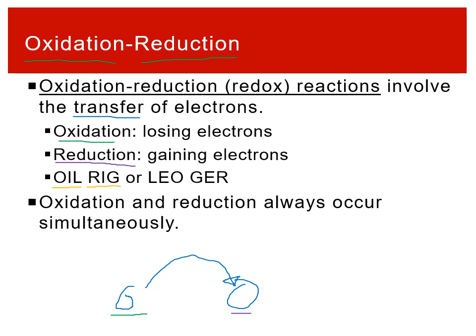You grow up in Texas, that tends to be the one you learn. You may have also heard a different one like LEO the lion says GER, sorry. So LEO GER stands for loss of electrons in oxidation, gain electrons in reduction. If you're an animal fan, LEO GER, like the lion is growling, I think. I don't really use that one, but that is one that's commonly used if you want to.